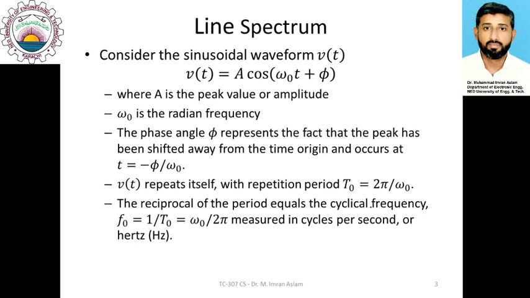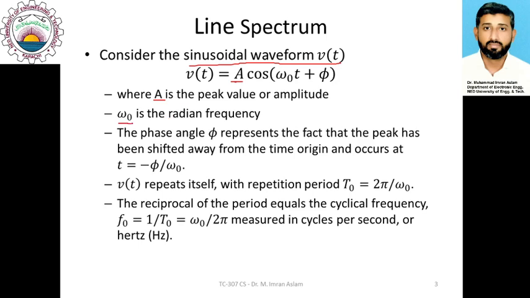We start our discussion with a simple sinusoidal waveform, v(t) equals A cos(omega naught t plus phi), and I'm sure that you are aware of this type of waveform because it's very commonly used in engineering analysis. In this case, A is the amplitude or peak value of this waveform.